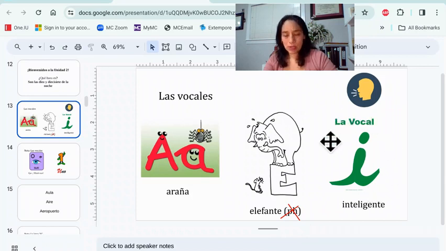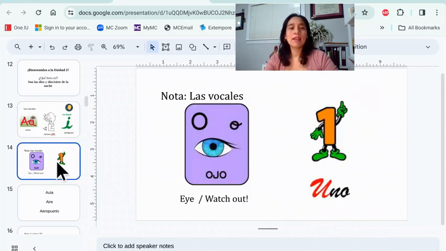Then we have la vocal I, like in the word inteligente. Inteligente, that's the only sound that I has. Then we have la letra O. Notice that it's O and it's not "ou". Like in the word ojo.